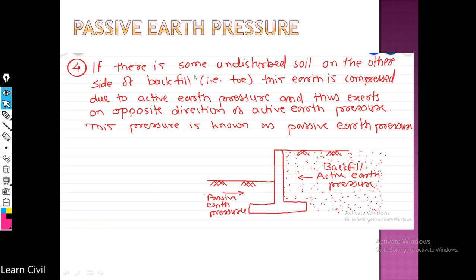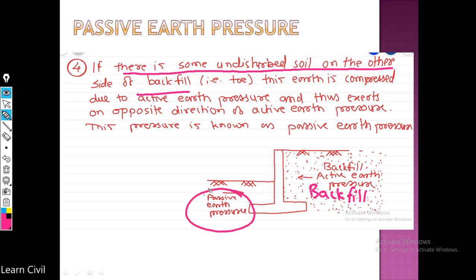Now the second is passive earth pressure. If there is some undisturbed soil mass on the other side of the backfill, this soil mass will be exerting some pressure on this portion of the retaining wall, so some force will be acting there. So this particular retaining wall will tend to move in this direction.